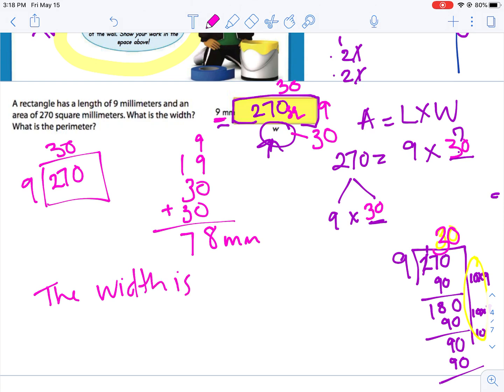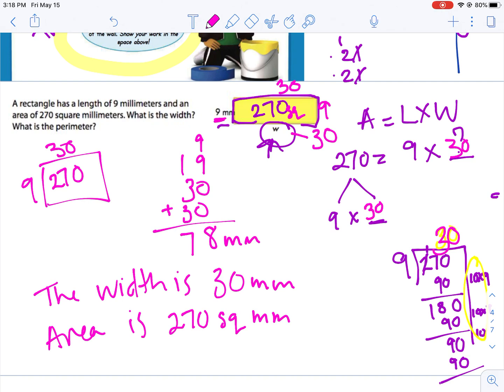The width is 30 millimeters, and the area is 270 square millimeters. And then the perimeter is what you added, 78 millimeters, but not squared.